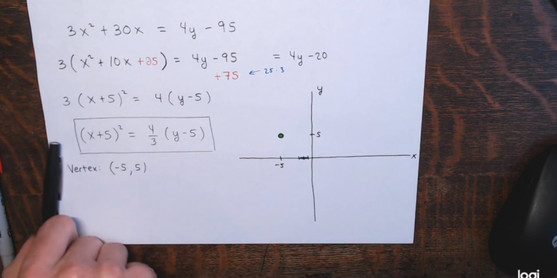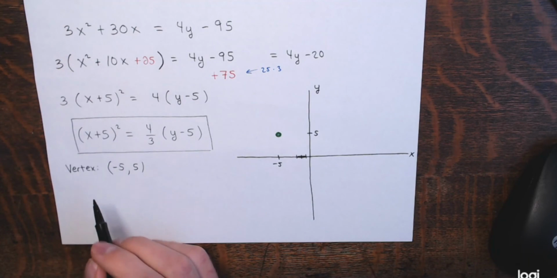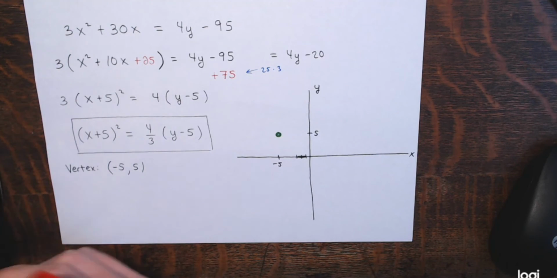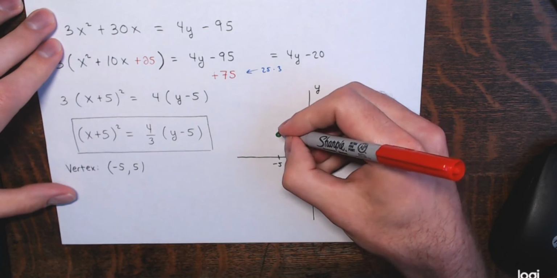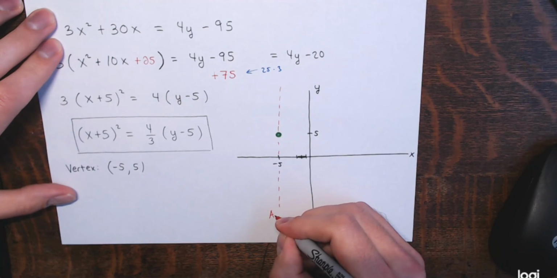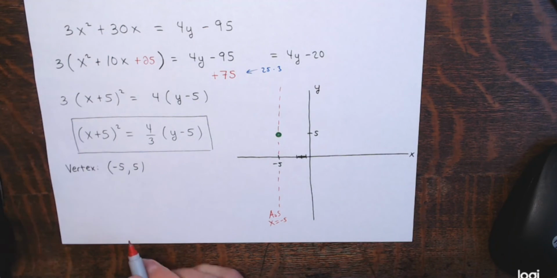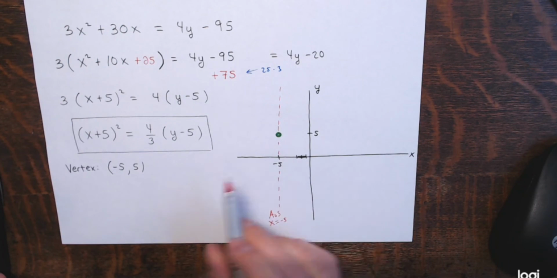This one will involve some fractions again. The axis of symmetry is going to be vertical this time, because x is squared and y is not. So the axis of symmetry is x equals negative 5, and then the directrix and latus rectum will be horizontal.